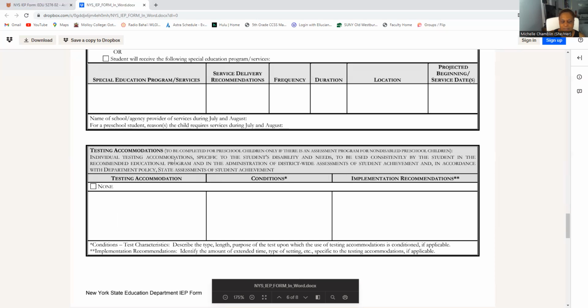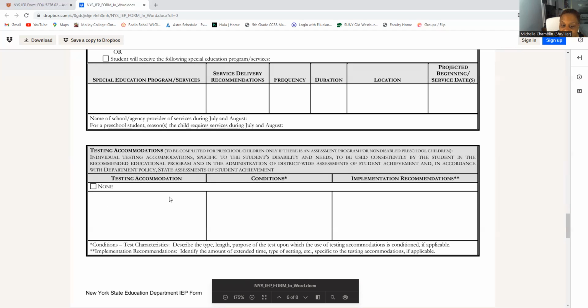Individual testing accommodations specific to the student's disability and needs to be used consistently by the student in the recommended educational program and in the administration of district-wide assessments of student achievement and in accordance with department policy, state assessments of student achievement.